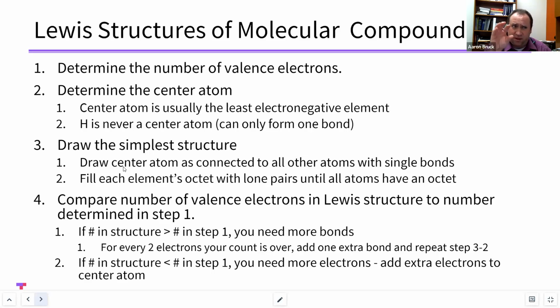We put that center atom in the middle. We draw single bonds from the center atom to all of the other atoms, and we make sure everything's obeying the octet rule. And then we do a comparison and we adjust as needed. And so again, not going to go too deep in the details here. We'll hit that when we get to drawing in our next lecture time.